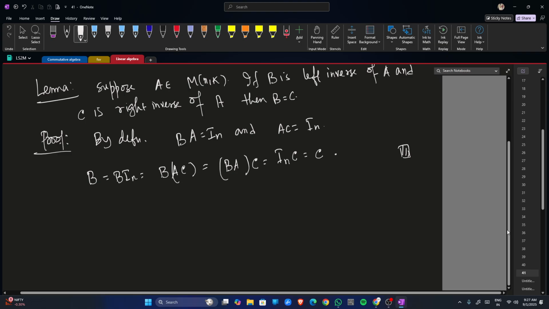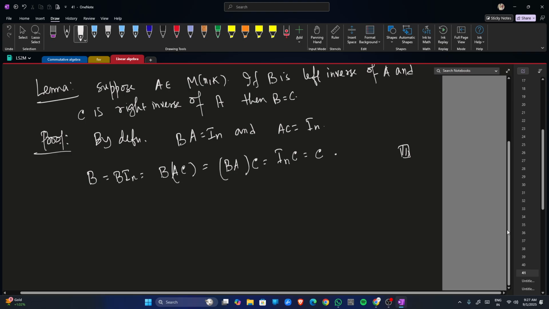If you see page 22 of Hoffman, there is a remark just after the lemma. The remark says, thus, if A has a right inverse and left inverse, A is invertible and has a unique two-sided inverse, which we shall denote A inverse and simply call the inverse of A. That is, you have to prove first that it has an inverse, and if it has an inverse, then the inverse is unique.